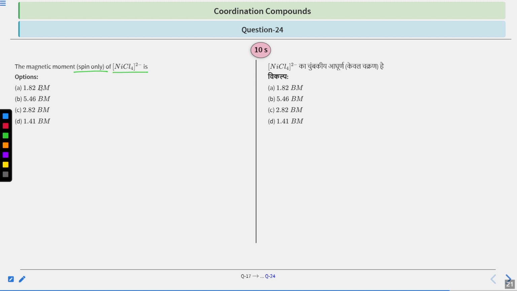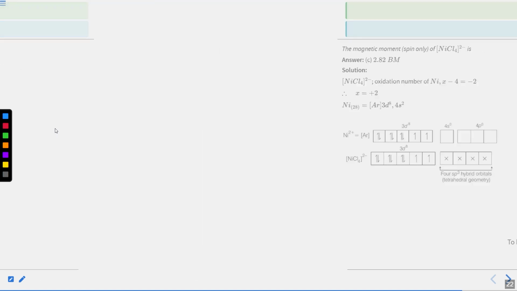Options are 1.82 BM, 5.46 BM, 2.82 BM or 1.41 BM. You have 10 seconds to solve this question. After that, we will see the answer. Okay, let's see.